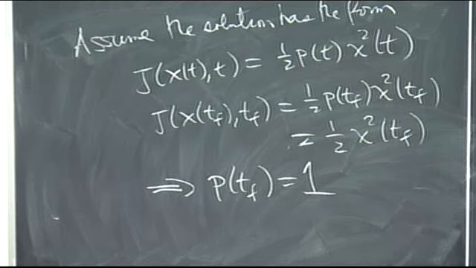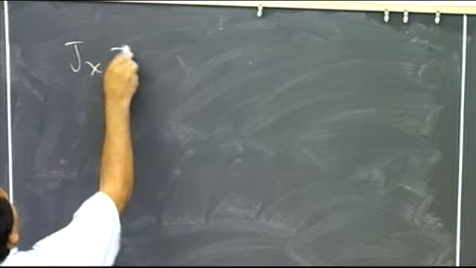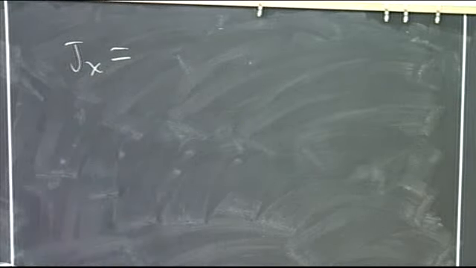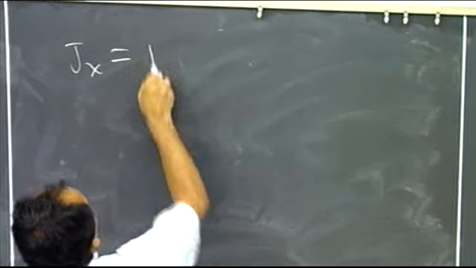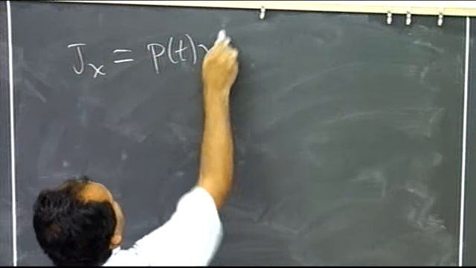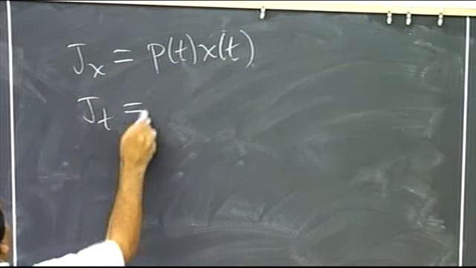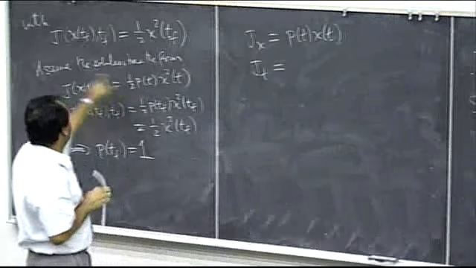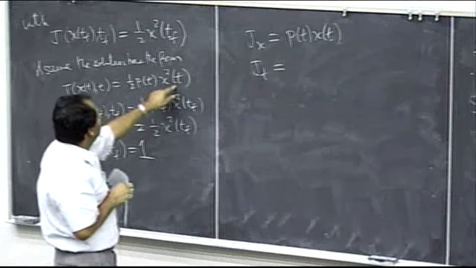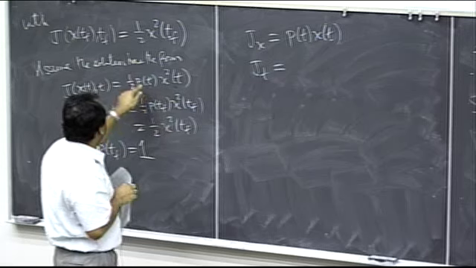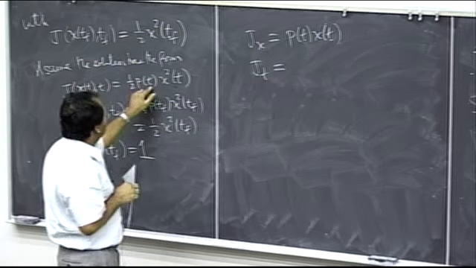And also, if you take the derivatives here, you'll see that jx, the partial with respect to x, is p of t times x of t. If I take the partial derivative with respect to time, you'll see that p is the only thing that is an explicit function of time.